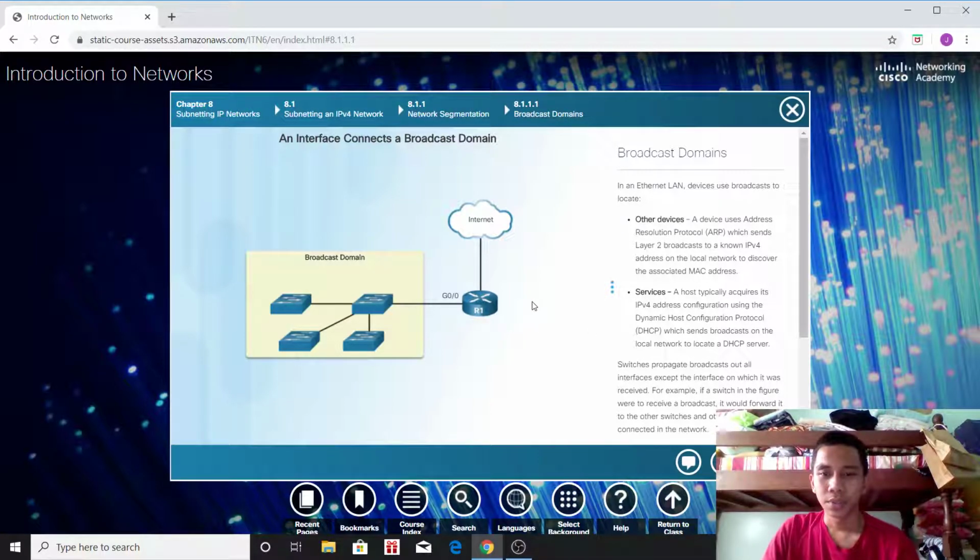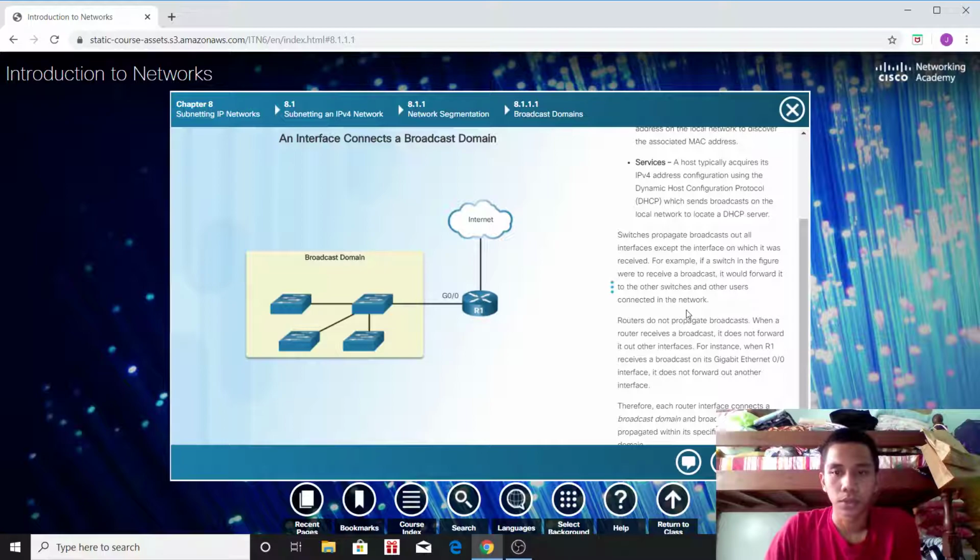Services: a host typically acquires its IPv4 address configuration using the Dynamic Host Configuration Protocol, or DHCP, which sends broadcasts on the local network to locate a DHCP server.